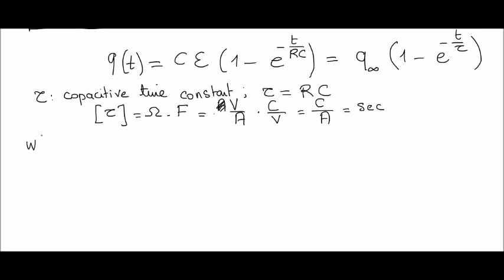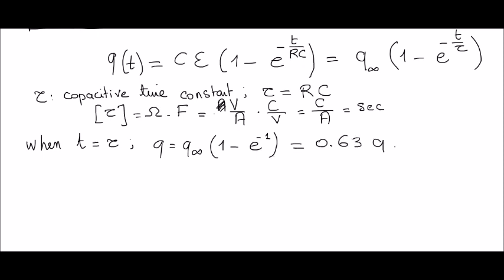When the time t equals tau, so I replace t with tau here, what do I get? The charge equals Q infinity times 1 minus exponential of minus 1. If you calculate this using your calculator, you will get 0.63 Q infinity.